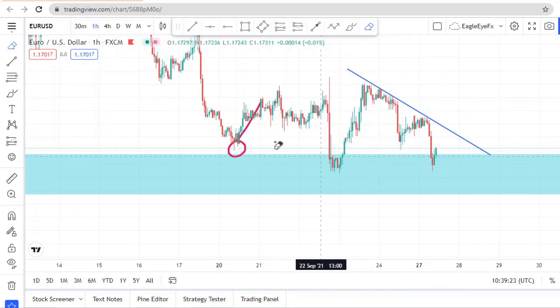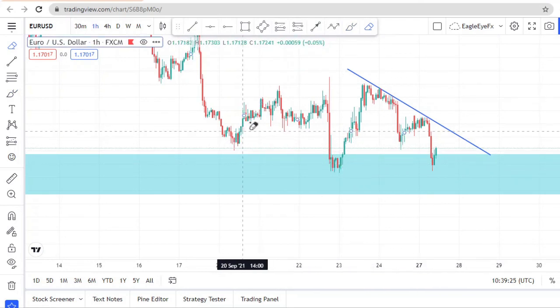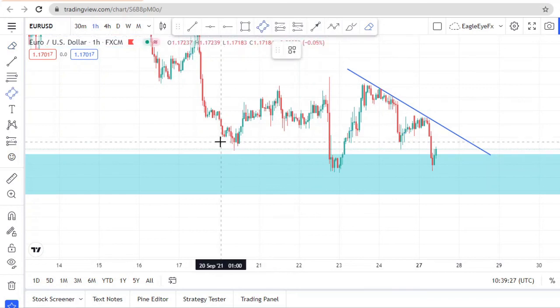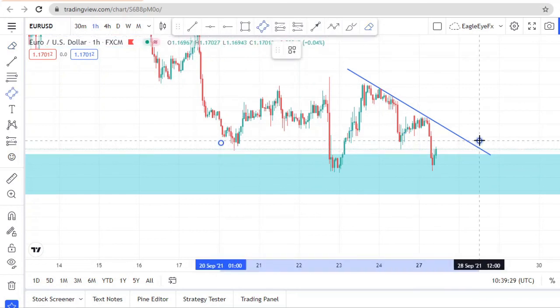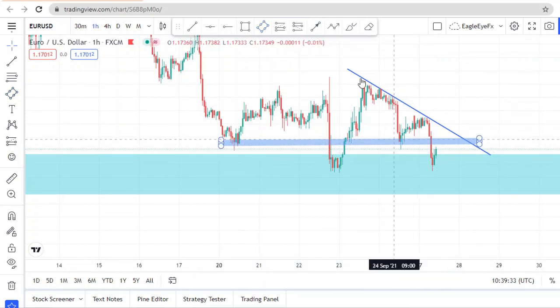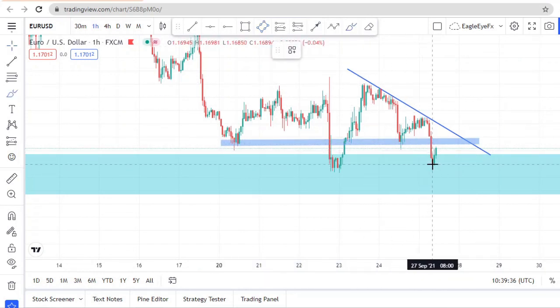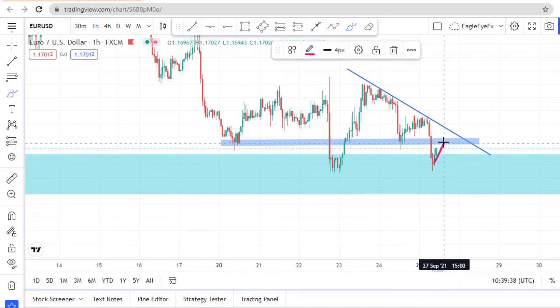Let me delete this so that you can see it clearly. What you can notice is this level here on the 1-hour time frame: the market could easily come here and continue going down.